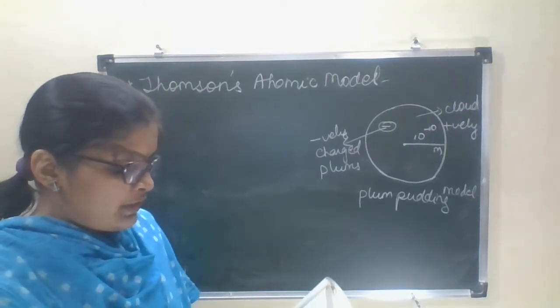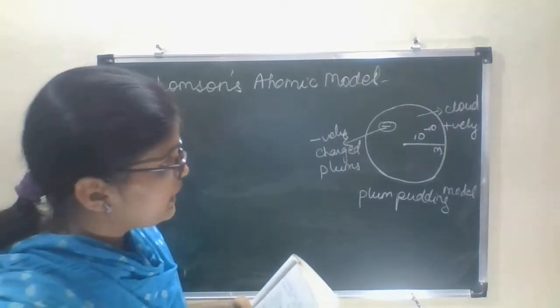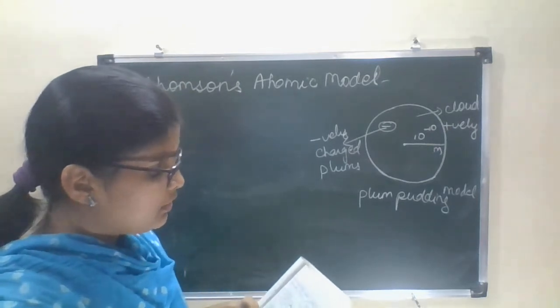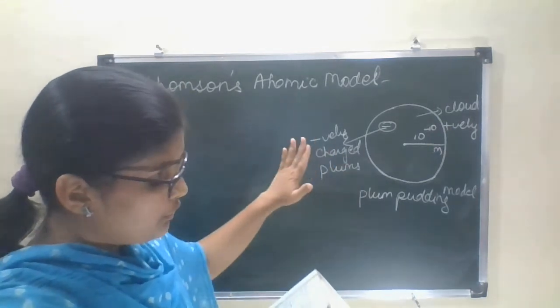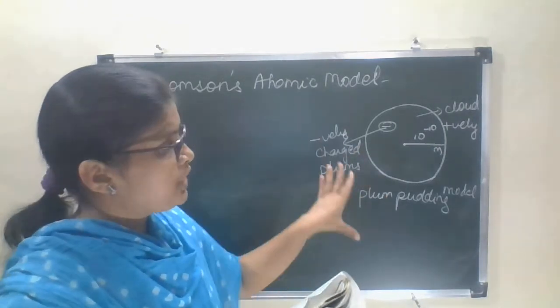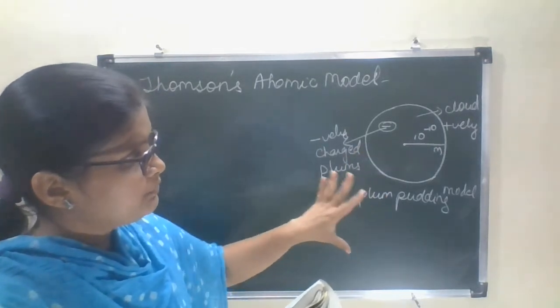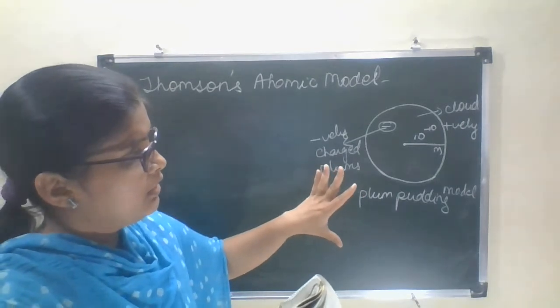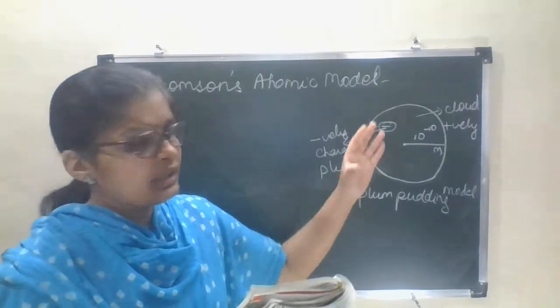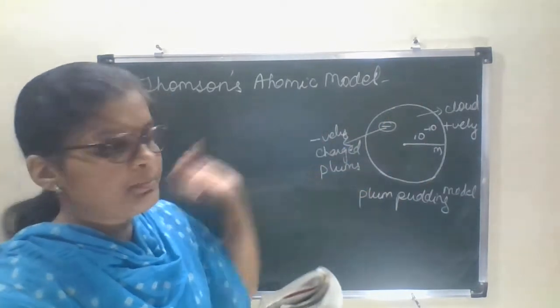Next, what he was trying to say in this observation is that the positive charge is uniformly distributed over the entire sphere. The density of this cloud was not less or more in any part of the sphere.